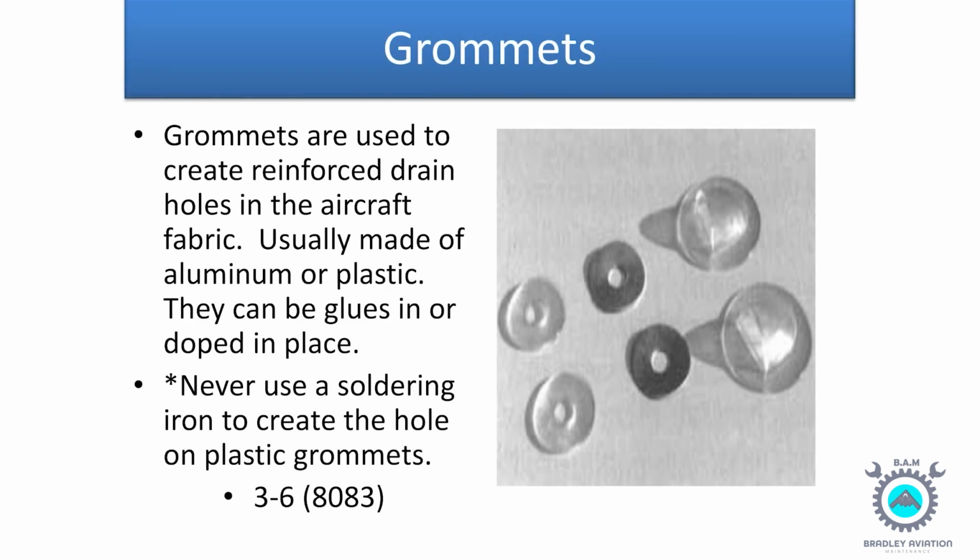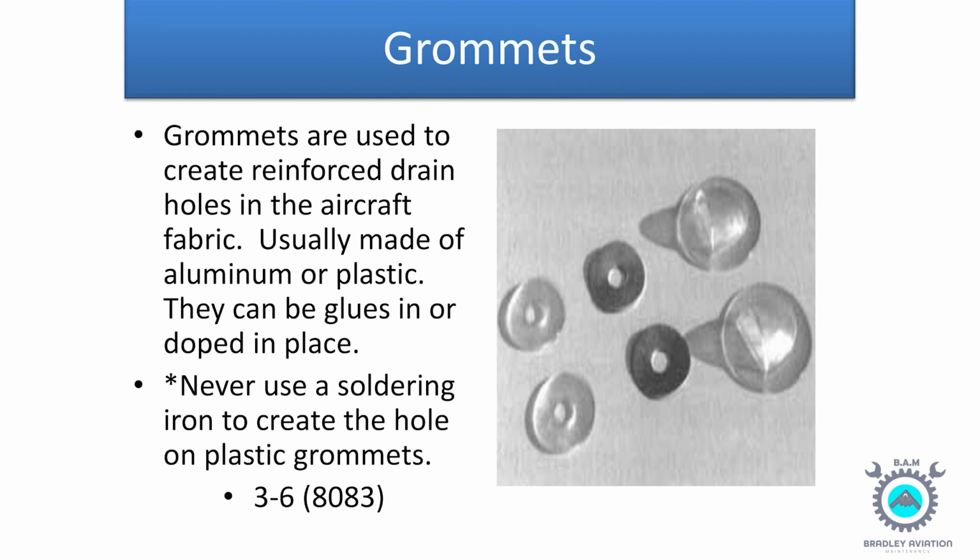Grommets. Grommets are used to create reinforced drain holes in the aircraft fabric, usually made of aluminum or plastic. They can be glued in or doped in place. Never use a soldering iron to create the hole on plastic grommets.